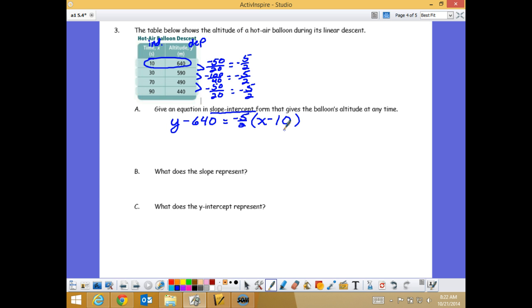Remember, change the sign. Now to write this in slope-intercept form, you can distribute the negative 5 halves. So y minus 640 is equal to negative 5 halves x plus, we have 50 over 2 when we multiply that, so that is 25.